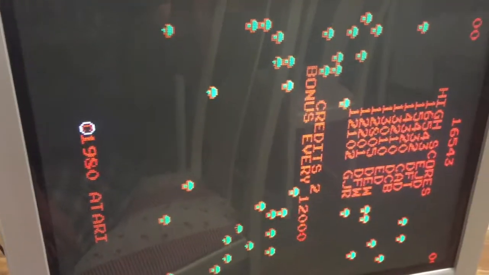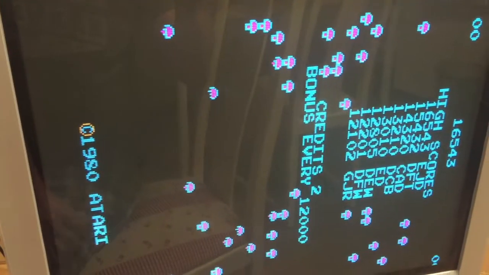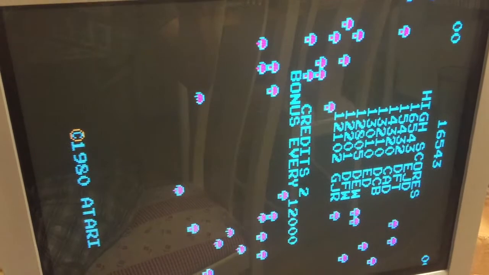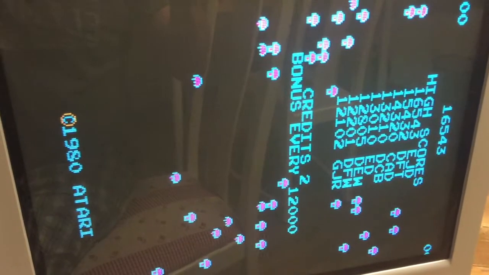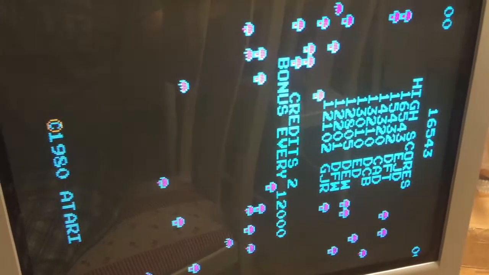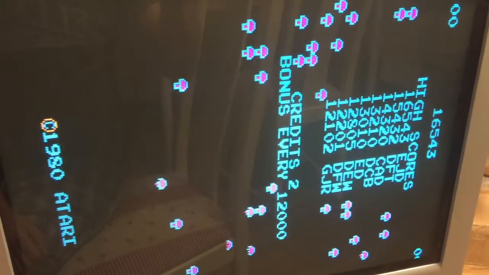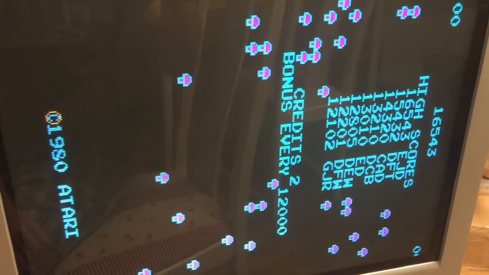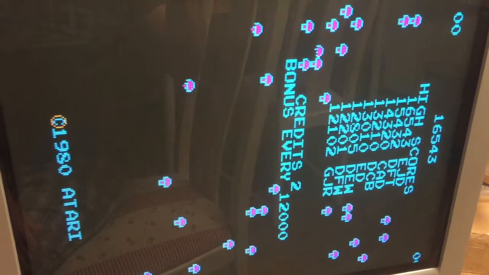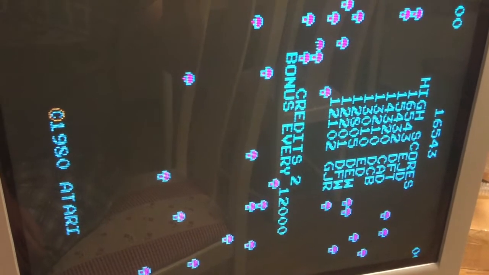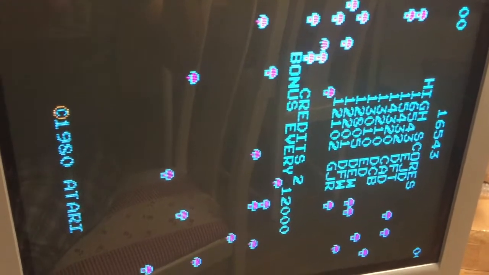So we have a complete loss of the motion objects, and in this video today I'm going to show you how we troubleshoot this problem, and as always I'm proceeding step by step, trying to explain everything so that you get some inspiration for your own arcade PCB repairs.